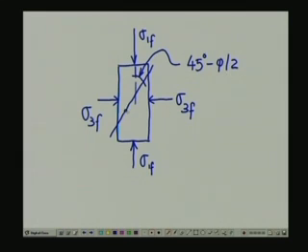So on this particular plane, the relationship between tau f and sigma f.